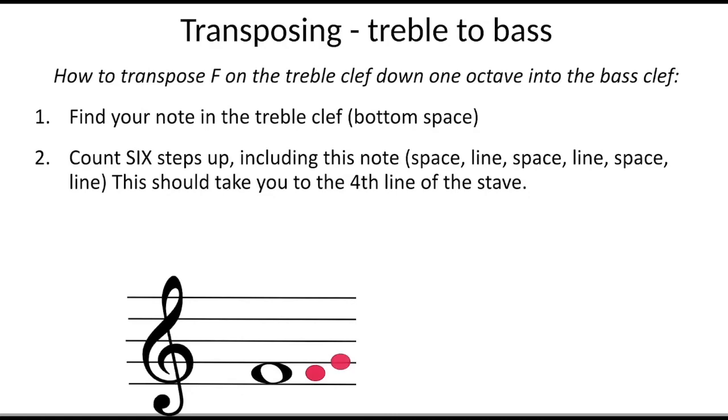Now, count 6 steps up, 2, 3, 4, 5, 6. So you're counting 6 steps up from that note in the treble clef. Notice how we've now arrived at the 4th line of the stave.